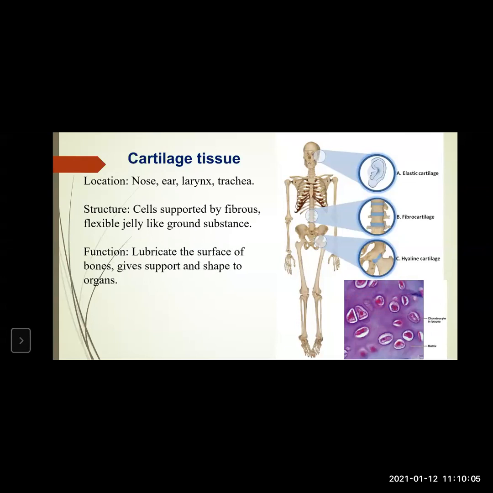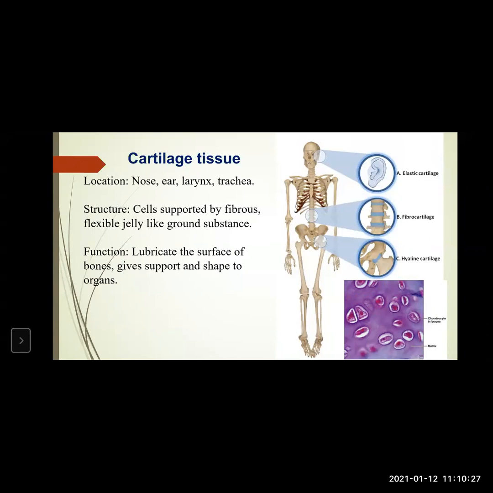Now, what is its function? Its main function is lubrication. Lubrication from what? Whenever we move our joints, if there is no cartilage, the bones will rub on each other, which is very painful.